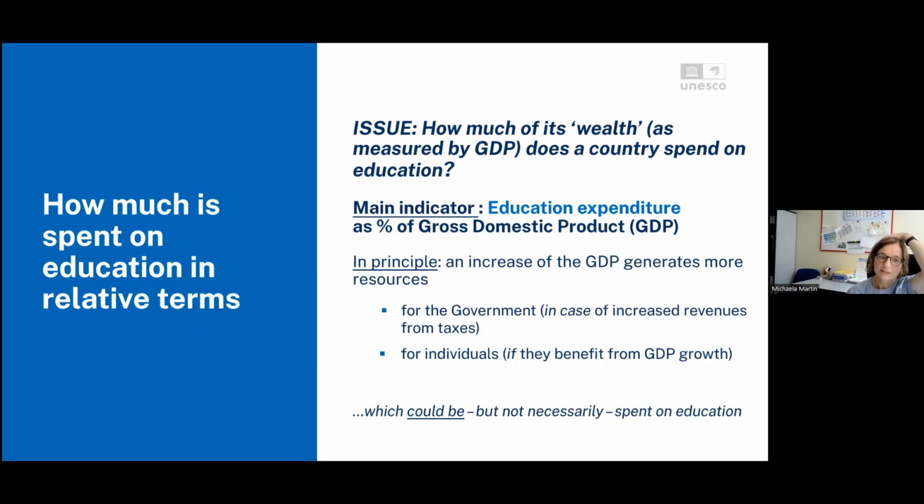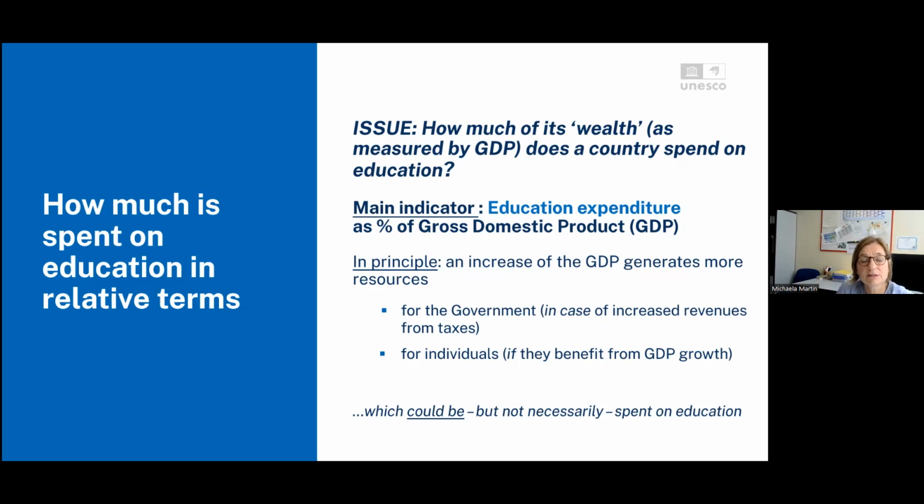And this is a very important indicator because it tells us about a country's effort made to education. And looking at how the GDP will evolve in the future gives us also information of whether we can expect increased revenue for the government, which then affects its public income, and its capacity to spend on education.